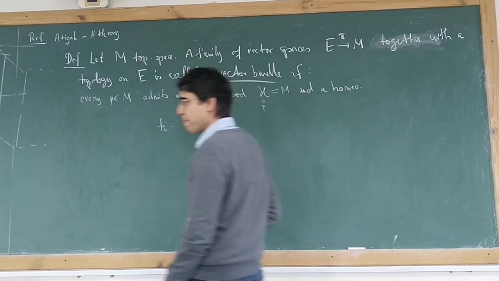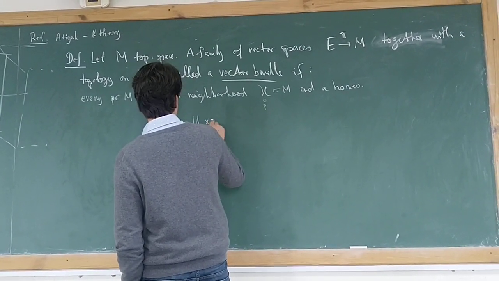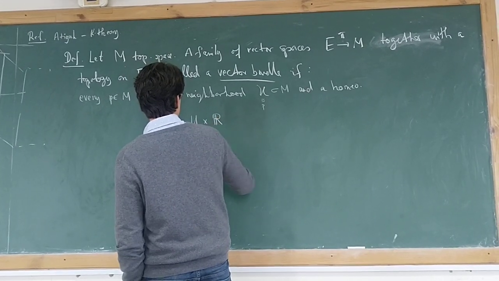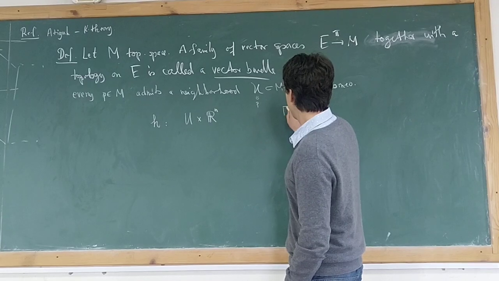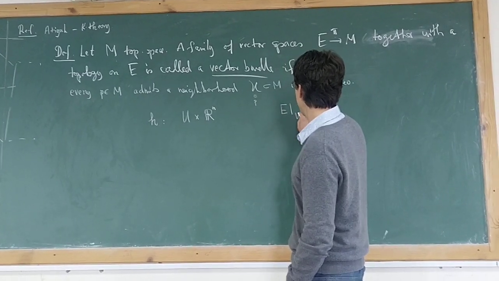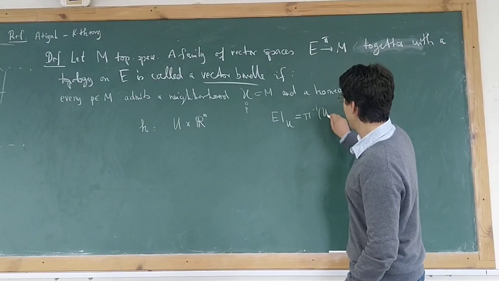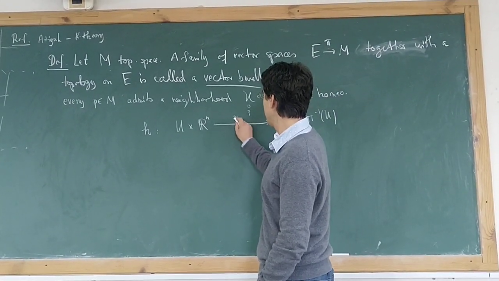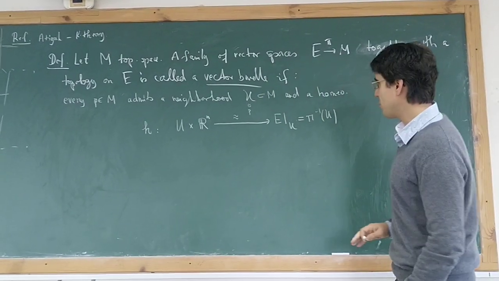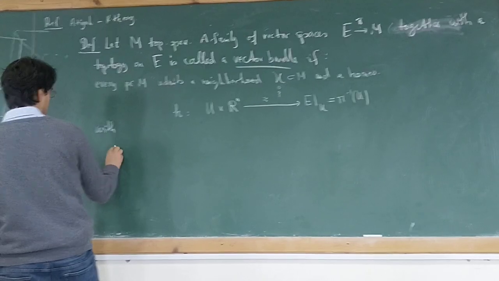from, I think I wanted to go this direction, U cross Rn to E restricted to U, which by definition is just the preimage. I'll draw a picture in a second. And the homeomorphism has two properties.